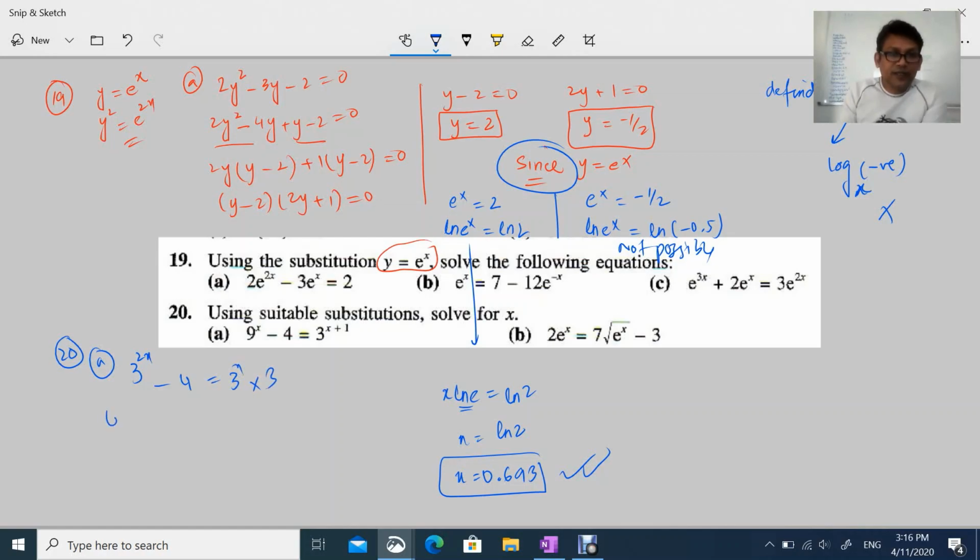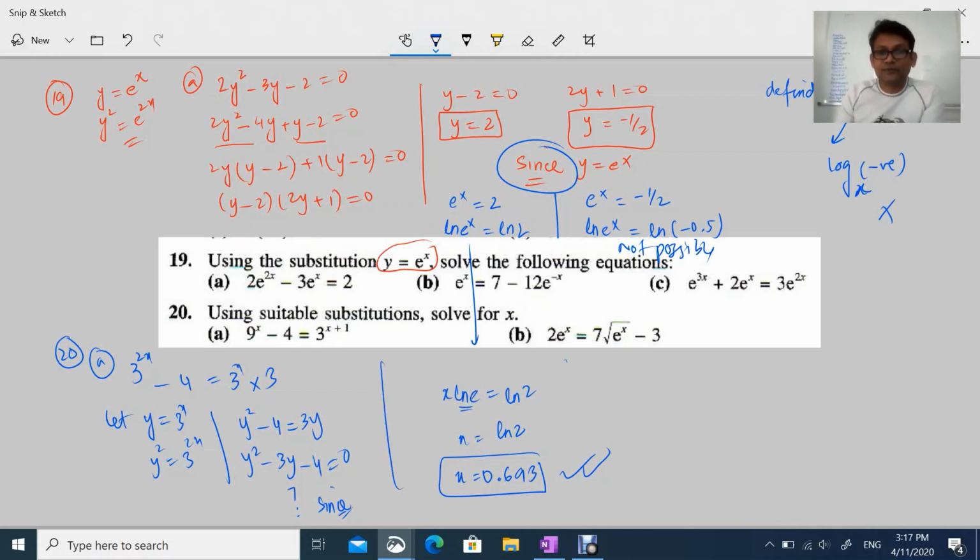What you can suppose, let y is equals to 3 power x, so automatically y square will be equals to 3 power 2x. So it means your equation will be y square minus 4 is equals to y into 3 is 3y, and then you can simplify: y square minus 3y minus 4 equals to 0. And please, after solving this, do not forget to apply ln, please.